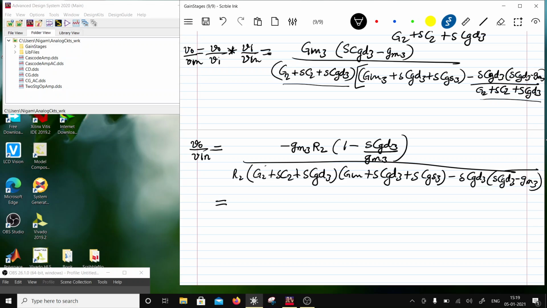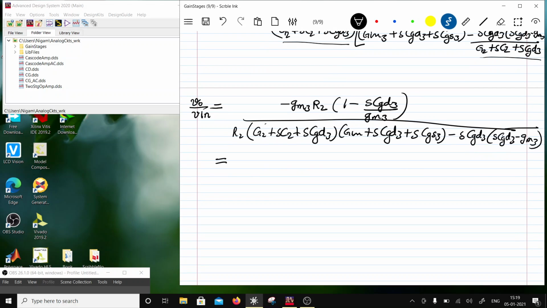And if I open the terms, so I will first take R2 in, right? And then I'm going to open the terms. And then I'm going to collect all the terms with same powers.